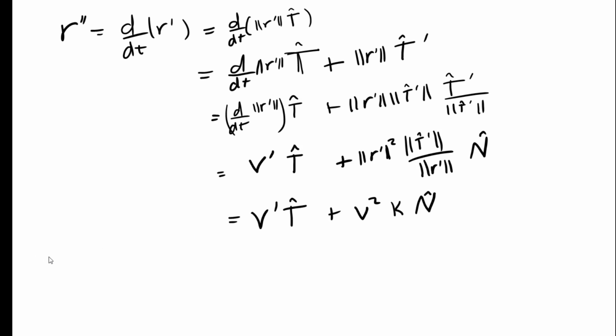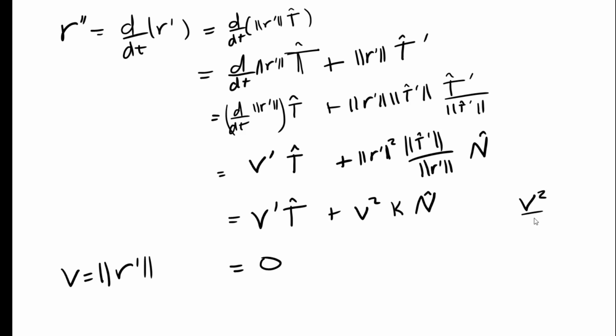So what is v? V is the norm of r prime, right? It's the speed. So we know that v is 3, so v prime is going to be 0. Think of this as the rate of change at which you're speeding up. And here, this is the angular acceleration. If you've done physics, this is the same as v squared over r, where r is the radius of curvature.